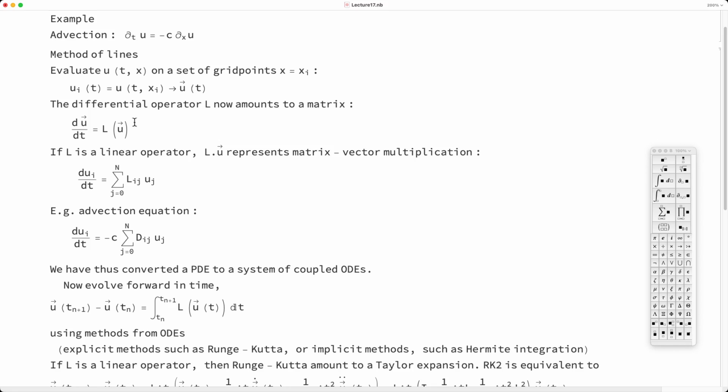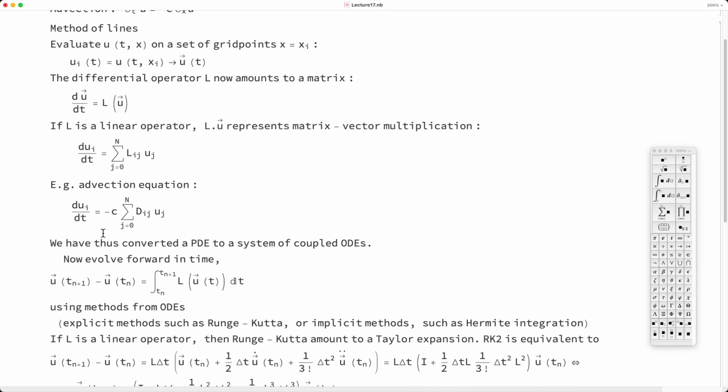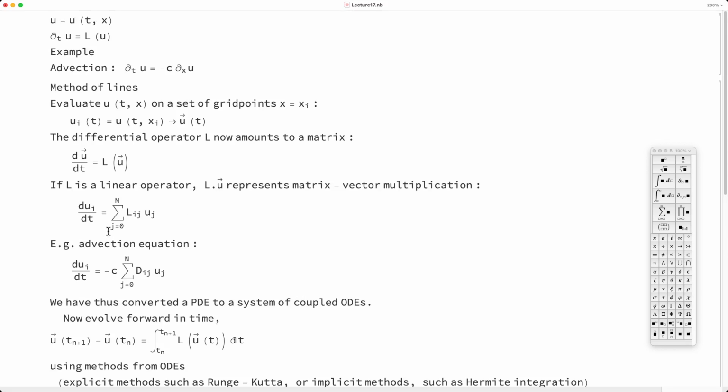Having discretized the equation in space, we just have to evolve forward in time, and the fundamental theorem of calculus allows us to write this differential equation in integral form with a time step going from t_n to t_n plus 1.